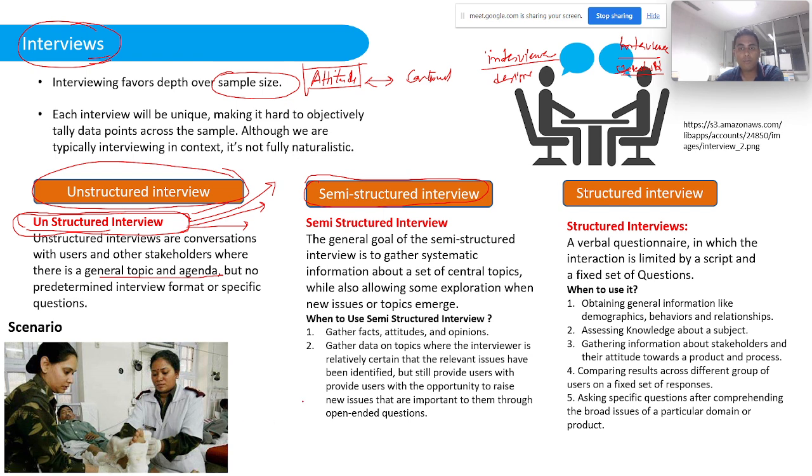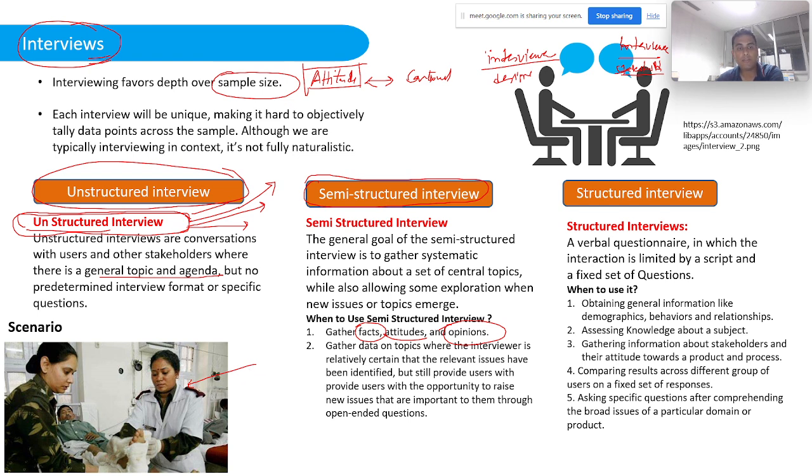These are helpful when we try to collect information about someone's attitude, or information about certain facts and opinions. For example, when you ask a doctor about a particular patient condition, the doctor will give you a specific answer, which again gives rise to a new question in your mind.